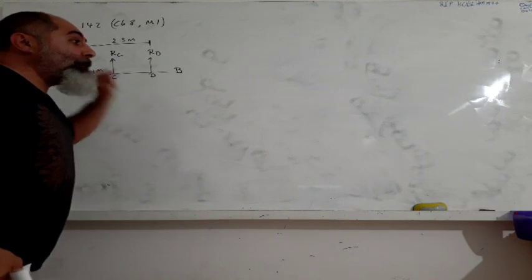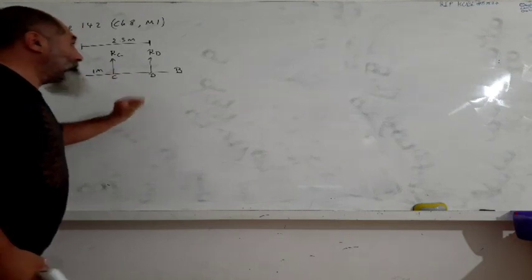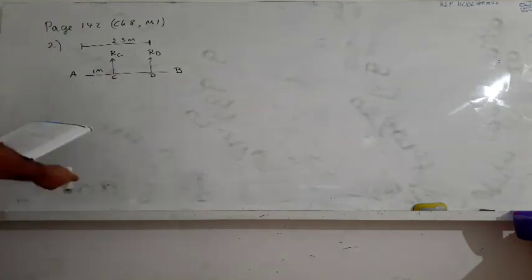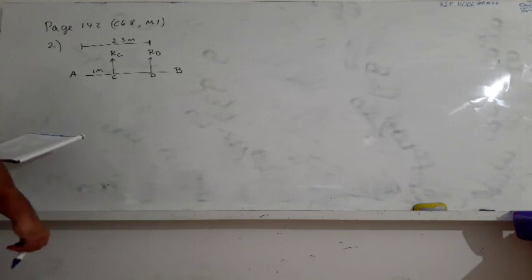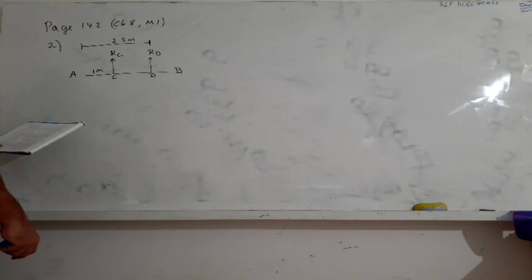Let's carry on. A particle of weight W is attached to the rod at point E, where AE is x meters. So it can be anywhere. Say that point E is there.